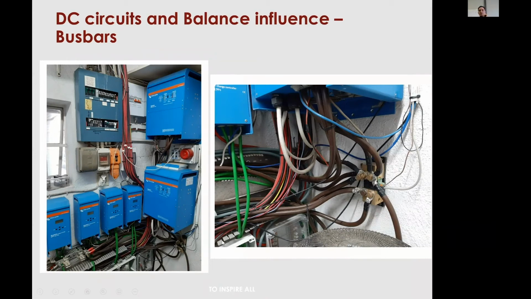And you can see all the thick 70 mil DC cabling coming through from the batteries, which are just to the left out of picture. And this is a site that one of my favorite installers actually had to take over. And he left most of it like this.